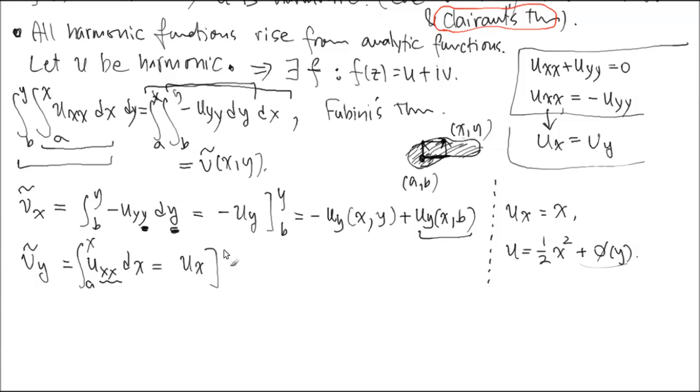And we're plugging in x and a, so it's ux at (x, y), with y fixed as a constant, minus ux at (a, y) there. Again, if you look at this Vy, it is ux, which is the good part of a Cauchy-Riemann equation, right? So you have to think about getting rid of this one by adjusting it.